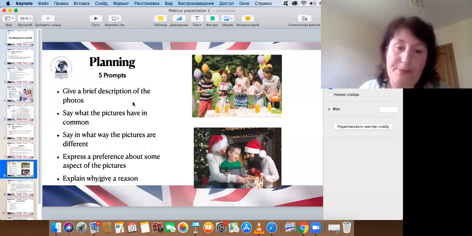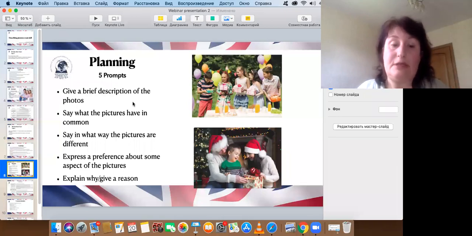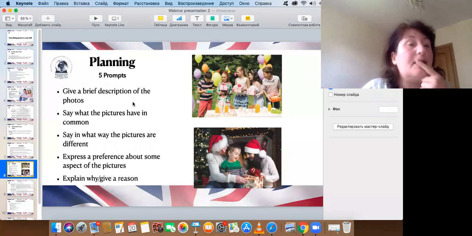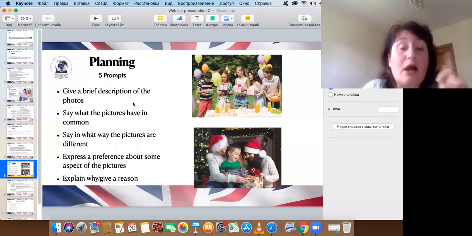Prompt number 3, say in what way the pictures are different, you have to give 2 differences. Prompt number 4, express a preference about some aspect of the pictures. You have to remember what verb structure is given in prompt 4.